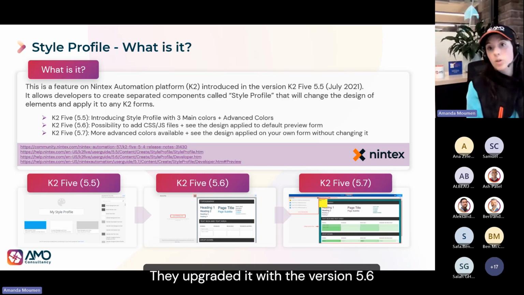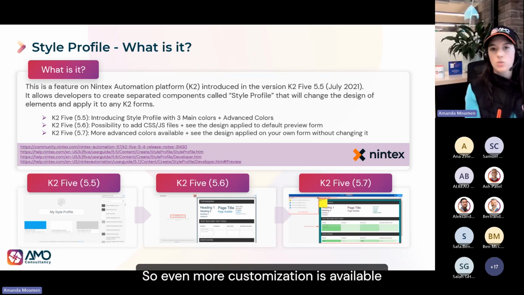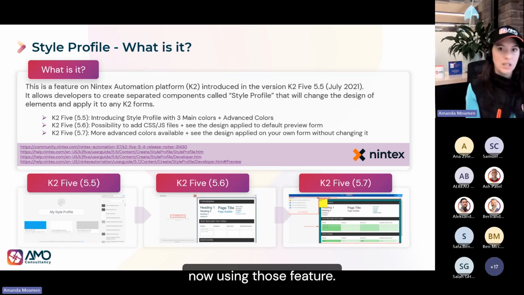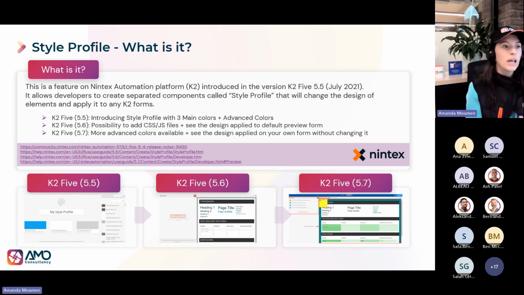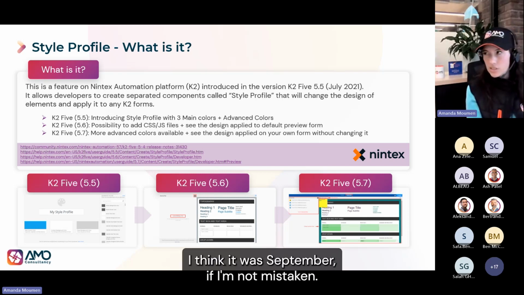They upgraded it with version 5.6 with the possibility to add CSS and JavaScript files directly. So even more customization is available now using those features. And recently they added 5.7, I think it was September, if I'm not mistaken.